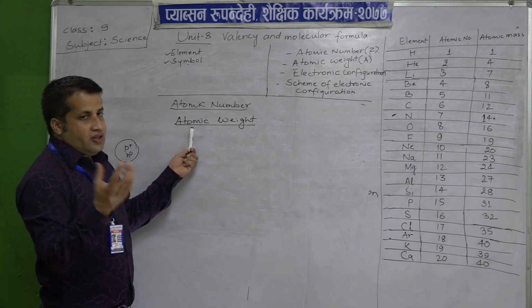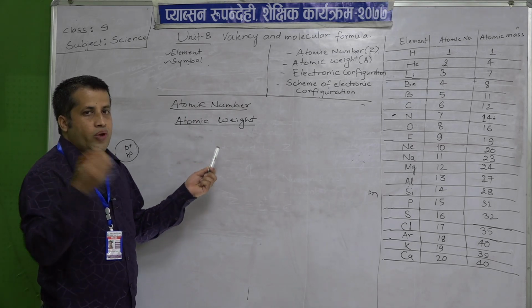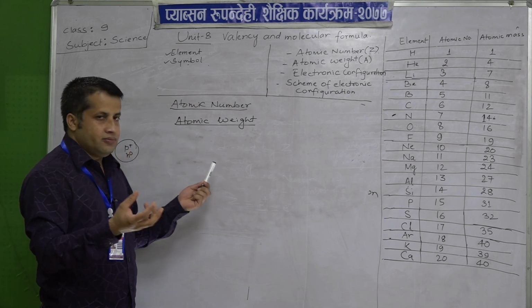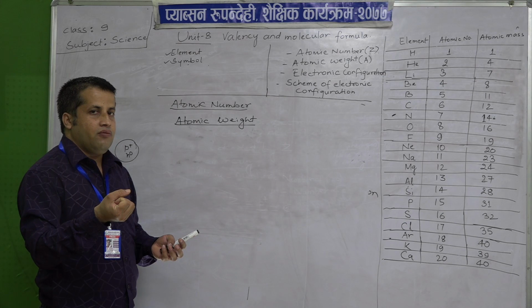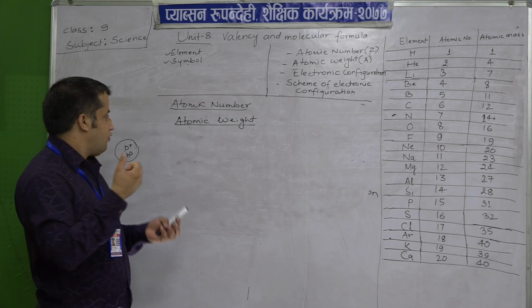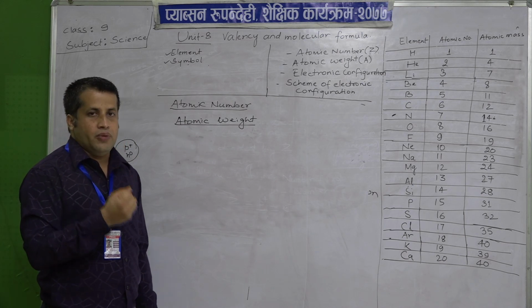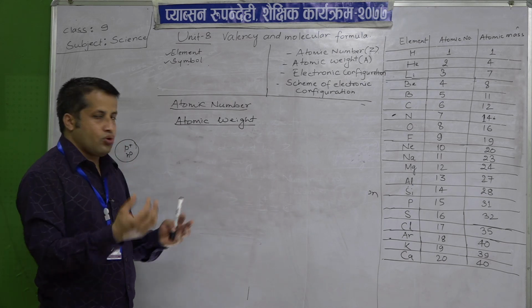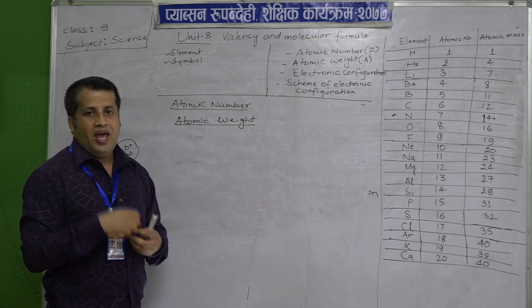The definition by the term itself, what is it saying? Atomic weight. What is the weight of the atom? It means the sum of the mass of proton, neutron and electron, it should give the mass of the atom.